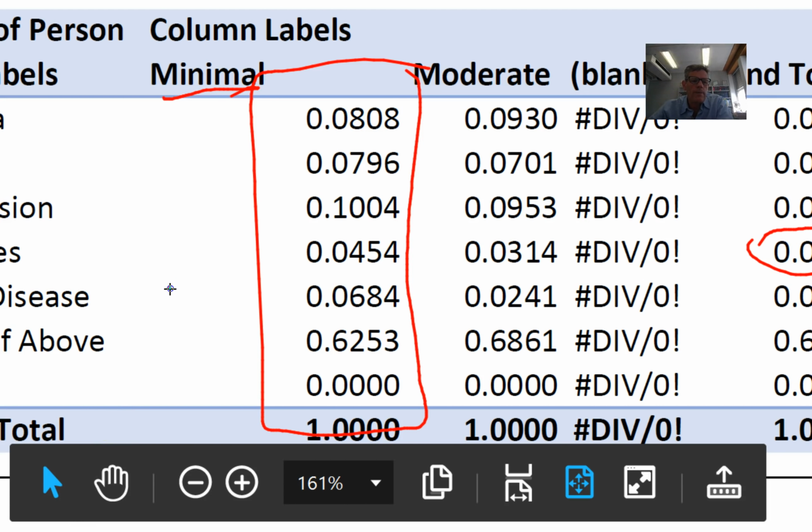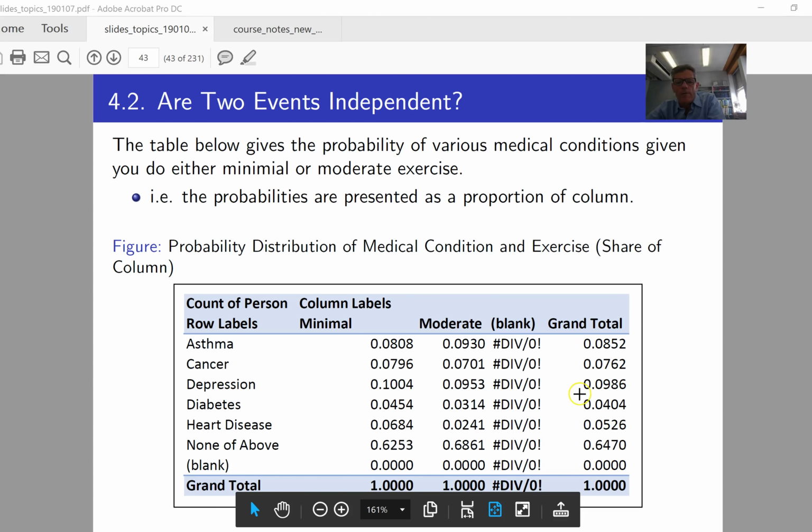So there's something different about these people compared to the others. So there's a 4.04% chance of a randomly chosen person in the population having diabetes. But for those who engage in minimal exercise, there's a 4.54% chance that one of those people will have diabetes.